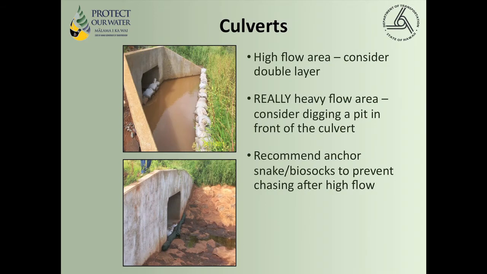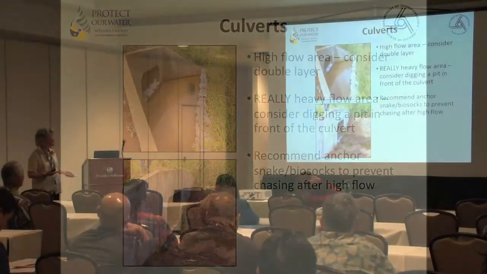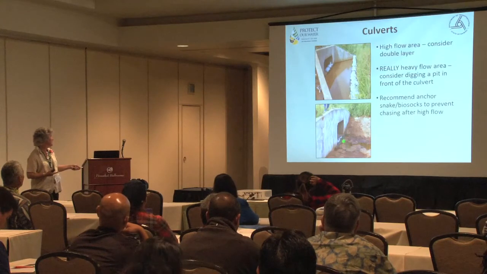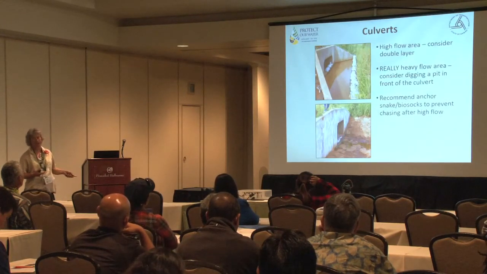If you have culverts in a high flow area, consider a double layer, even though your SWPPP might say only a single layer of sandbags. If it's a really high flow area or at the bottom of your slope, you might want to consider digging a pit in front of it. Also, for example, these are like 10-foot gravel bags.